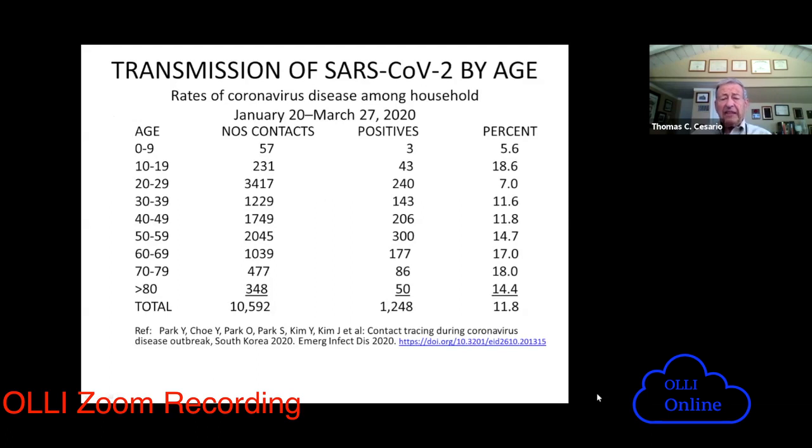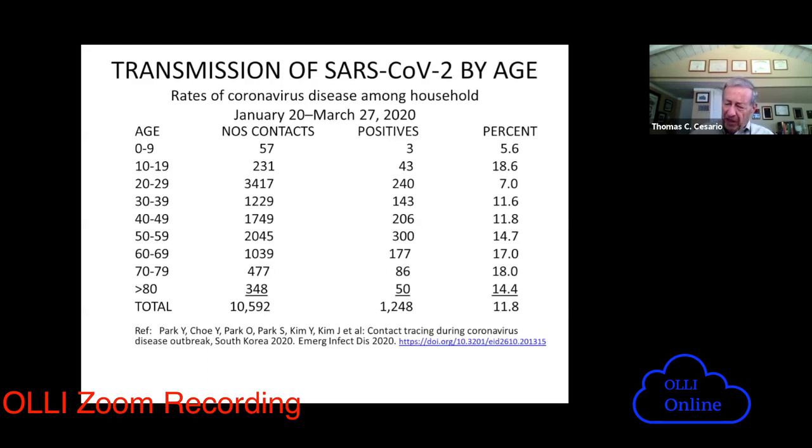So the next slide shows how easily a person is able to transmit it if they get infected. And the reason we do this by age is because there has been a big controversy about whether young children are as infectious as adults.